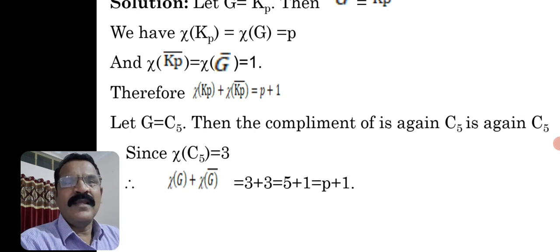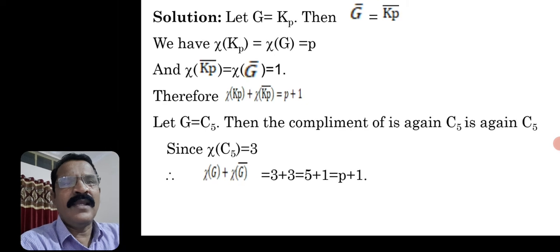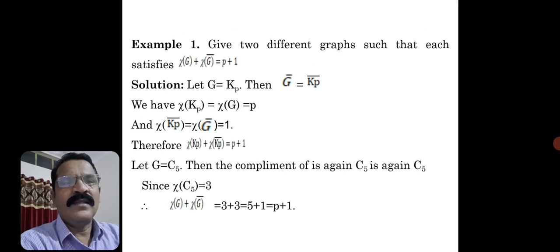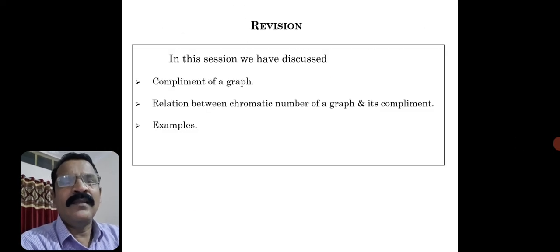So C5 also satisfies the condition that chromatic number of G plus chromatic number of G bar is equal to p plus 1. So these are the two graphs, the complete graph Kp and a cycle with 5 vertices, which satisfy the given condition. If they ask such questions, you must be able to answer them.